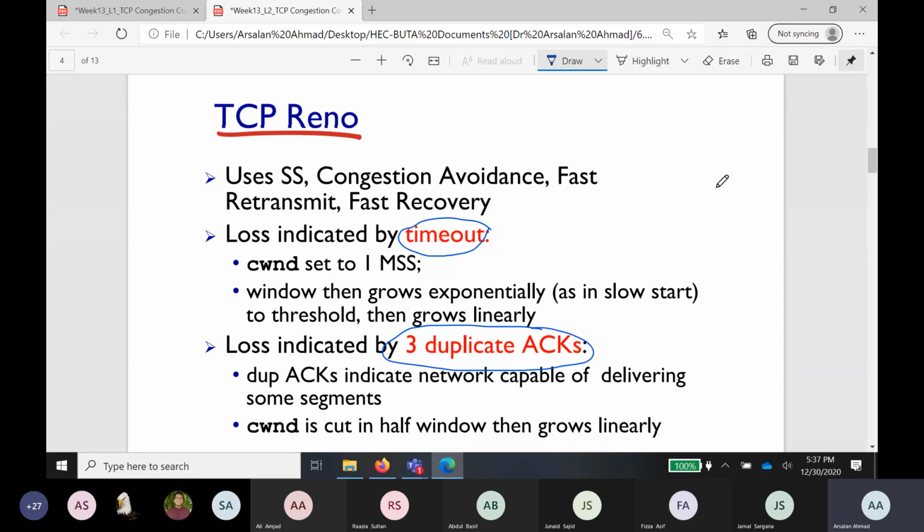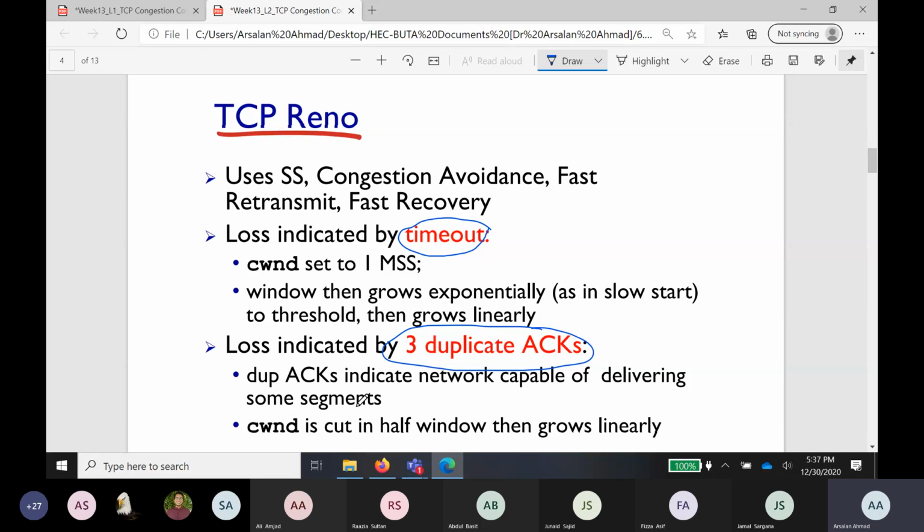The betterment should be: why are you bringing your cwnd directly to 1 when you detect the loss via triple duplicate acknowledgement? Because duplicate acknowledgements indicate that the network is capable of delivering some segments.